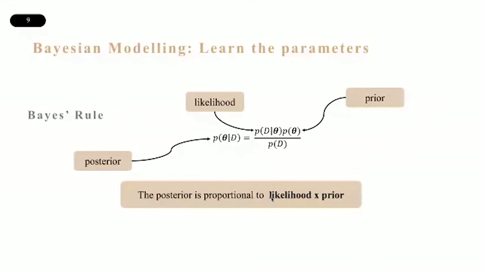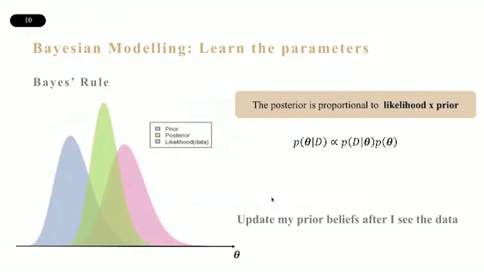This is a very important note. The posterior is proportional to the likelihood and the prior. This means that my prior belief over the parameters is being updated after I have seen the likelihood, after I have seen the data. Let's become more explicit about what we mean by that. Here on the left side, I have plotted with blue my prior belief, which is a Gaussian.